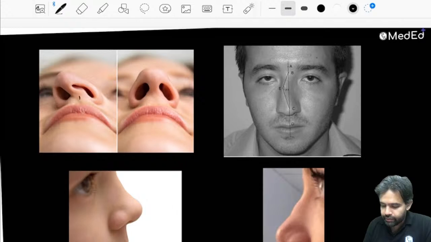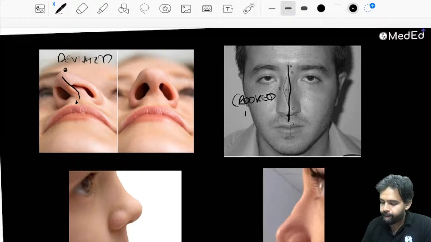Now here are some technical differences. This is a deviated nose, because the tip is not in a straight line, but here you can see the tip is in a straight line. So this is a crooked nose. Commonly asked. This is a saddle nose. This is a humped nose.